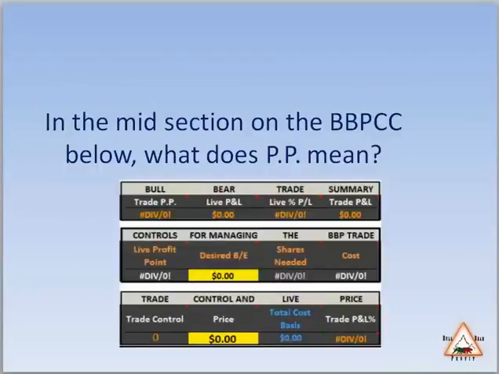All right. In the midsection on the bull bear profit concept calculator below, what does PP mean? PP is your profit point. That is the correct answer. This is a side question. What is profit point?